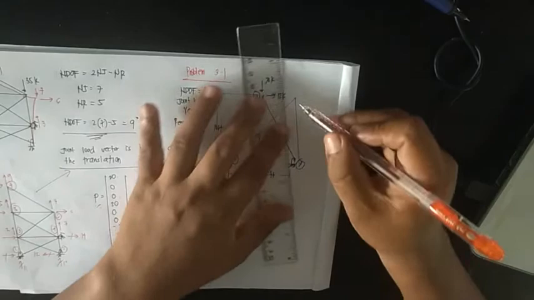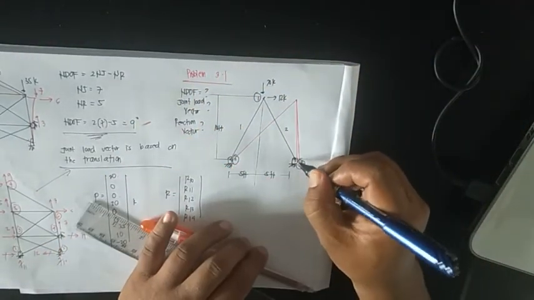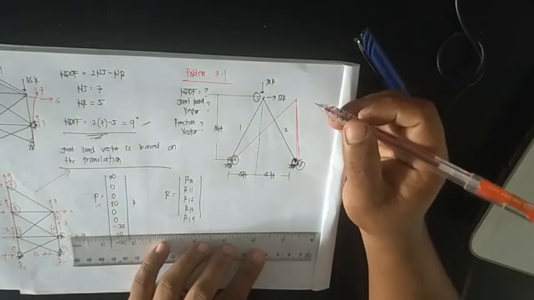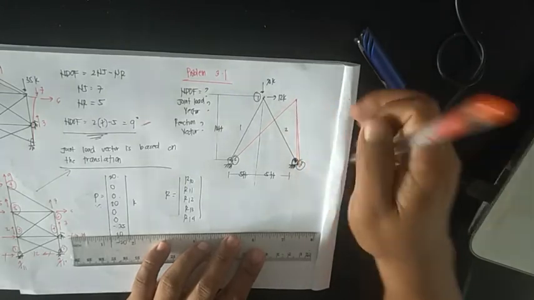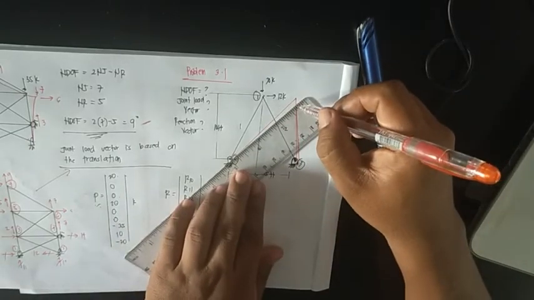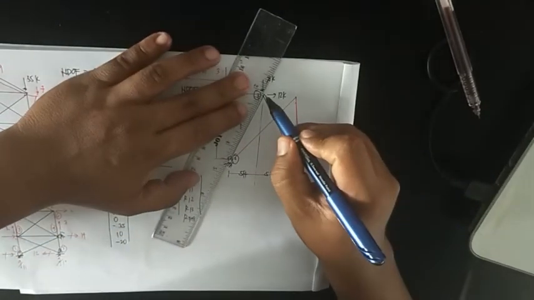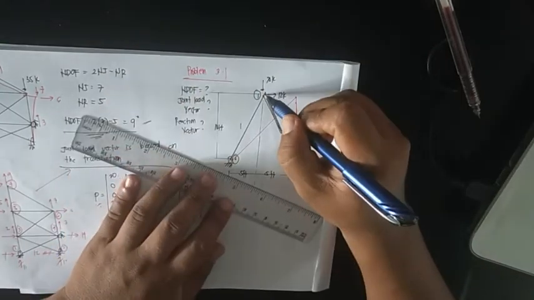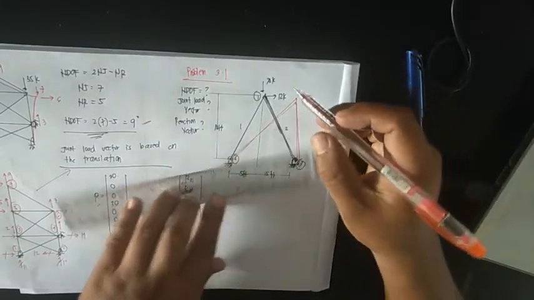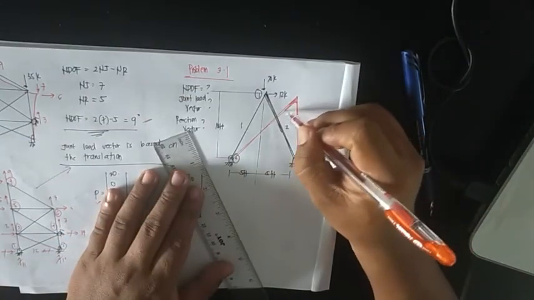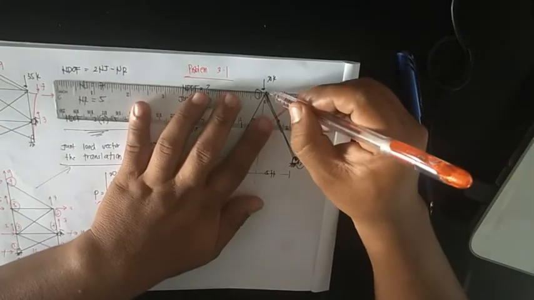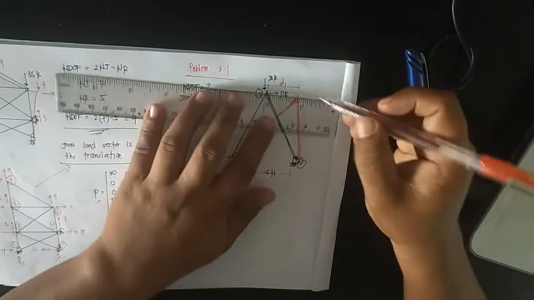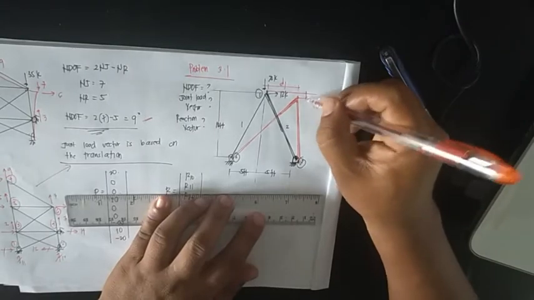Okay, sorry, this is a mistake. Okay, so here what we can say is there will be, let's say, displacement 1 here, and there will be displacement 2.